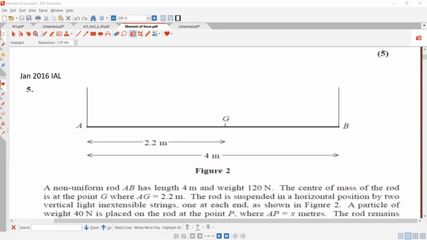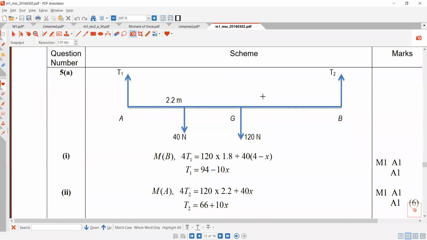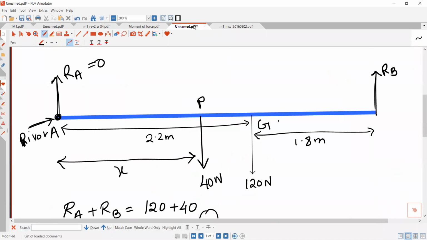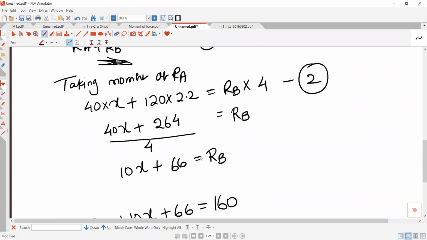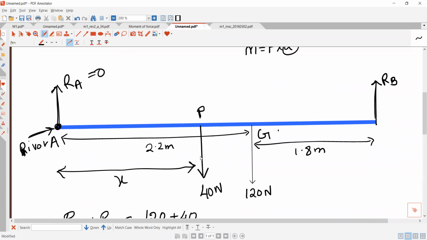Jan 2016, M1, question number 5. Okay. So 66 plus 10x, 94 minus 10x. Yes. Correct. Everything is correct. Okay, fine.